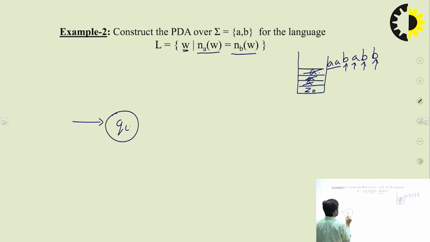There is state Q node. When input is A and top of the stack is Z node, we push A Z node.